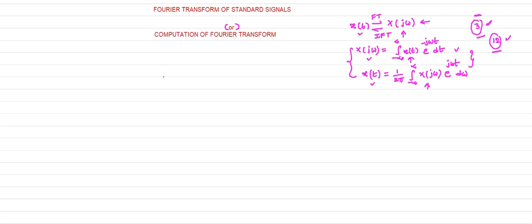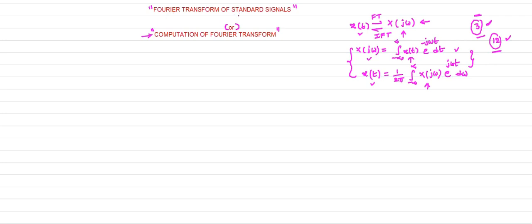The next important topic we are going to discuss in this class is very important. Based on this topic also, the essay question is asked in our examination. This is the computation of the Fourier transform. In the syllabus it is mentioned like this: the computation of Fourier transform, or the Fourier transform of the standard signals.